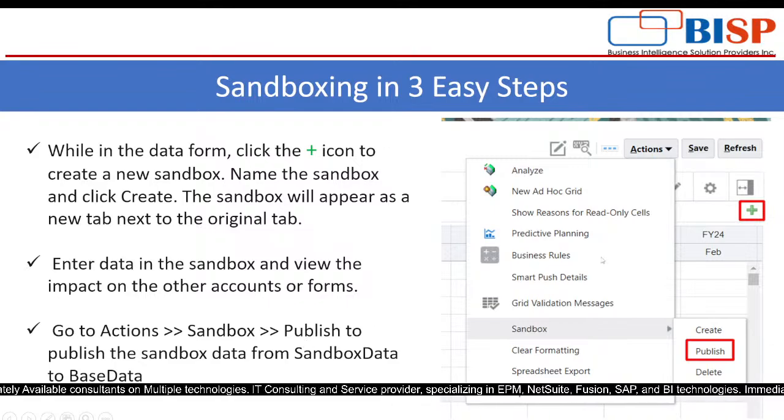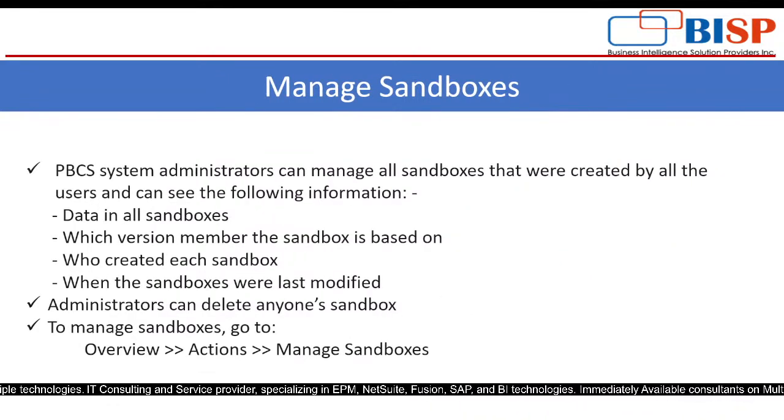Then after that we will go to the action. In the action we will select sandbox and we will publish the data. So when we publish the data, the sandbox data will be shifted to the base data. I'll show you this a little later with the help of an example.